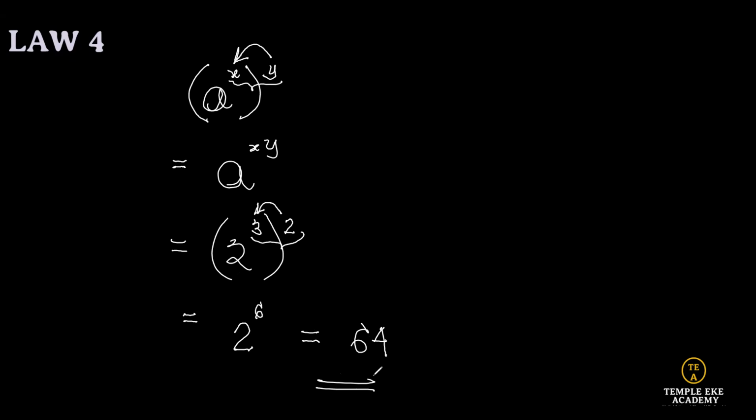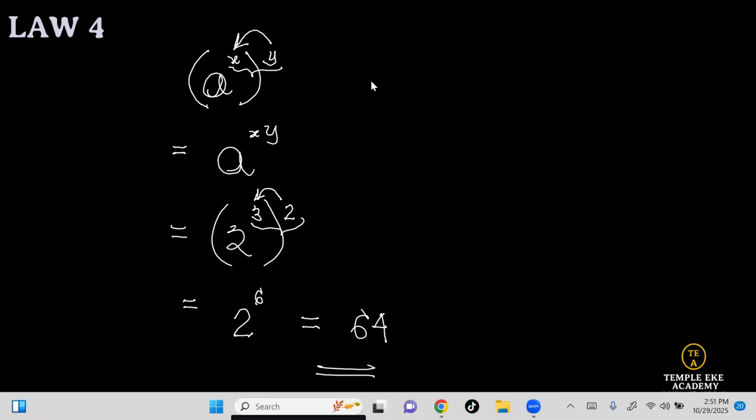We have more sophisticated examples much later, but now we're simply building on the laws. So the next law, law 5. Law 5 is a law that addresses fractional powers. Suppose we have a base A raised to a power which is a fraction, x over y.